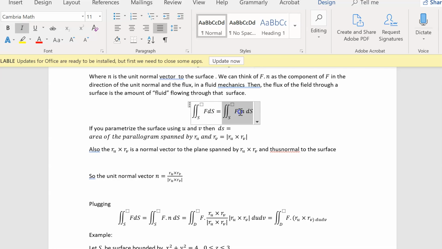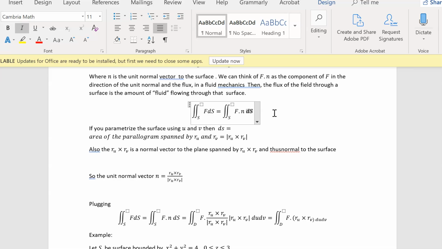The first thing to do is to suppose we parameterize the surface using two parameters u and v. Then we know that the small surface piece we are concerned with is a parallelogram.